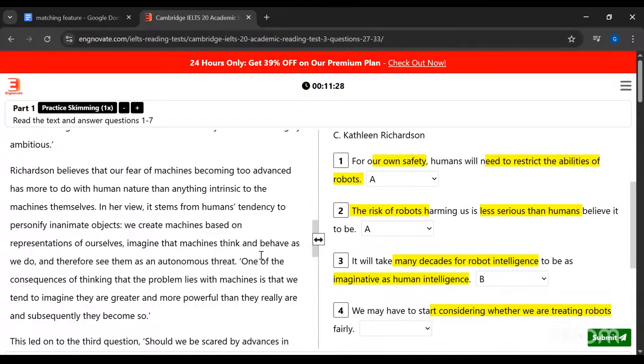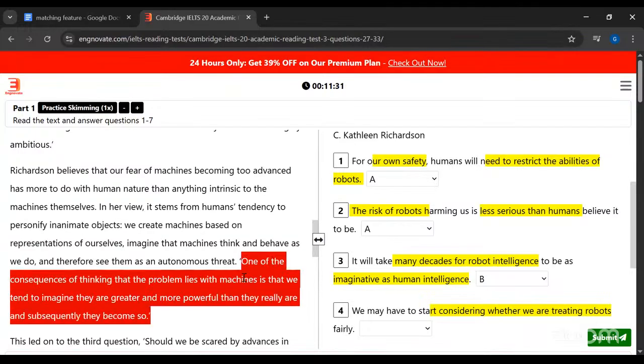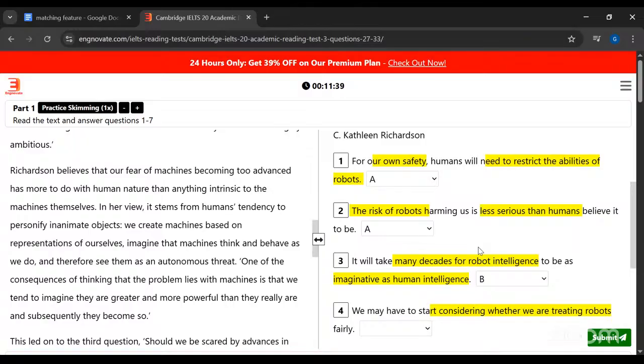Yeah, it would be this. Yes. It's paraphrased too much, am I right? Basically, what I think is that in statement two, the statement is saying that humans are less serious about robots harming us, right?